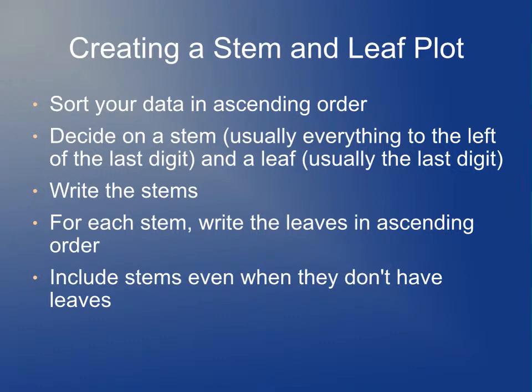You decide on a stem, which is everything to the left of the last digit, meaning the ones digit, and then a leaf, which is usually the ones digit, the digit furthest to the right. Then you write down all the different stems, and for each stem you write the leaves in ascending order, and you include the stems even when there's no leaves.